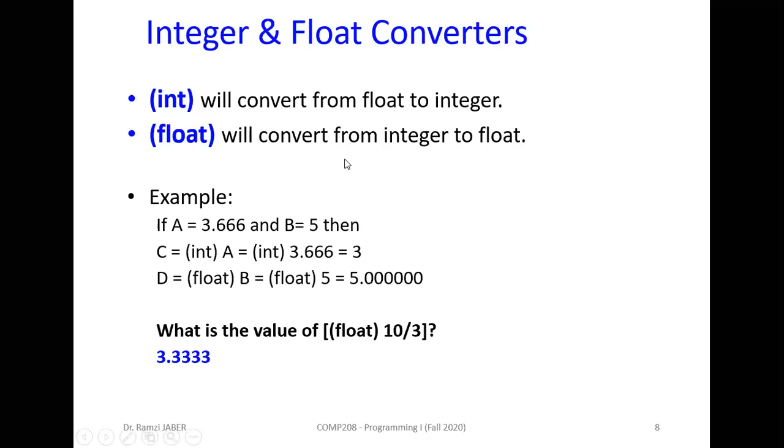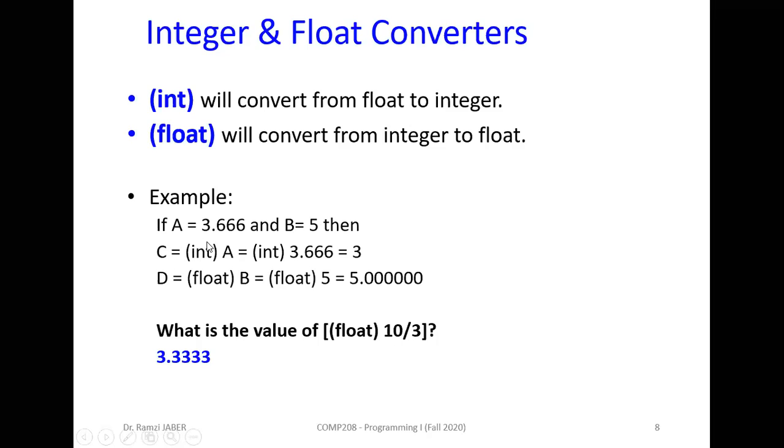Example: if A equals 3.666 and B equals 5, A is a float number and B is an integer number.